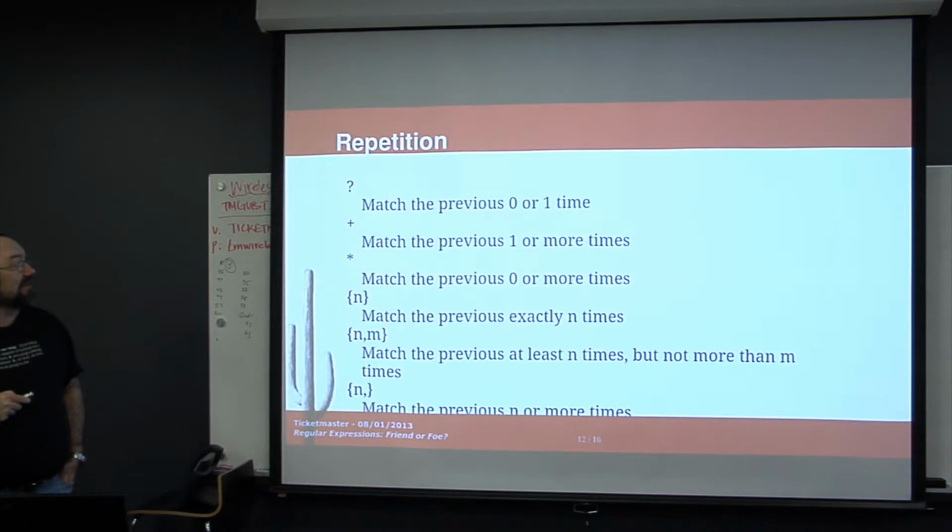Okay, plus, match the previous 1 or more times. Star or asterisk, match the previous 0 or more times. And this is the one that probably is the #1 culprit for getting you into trouble with regular expressions. A lot of times it will do things that surprise you, but if you remember the definition, it really shouldn't surprise you. I'll show some examples later.